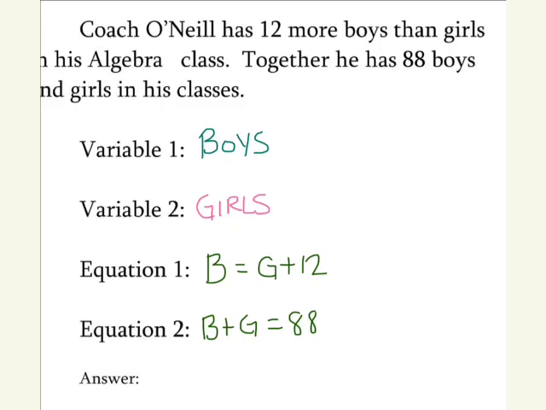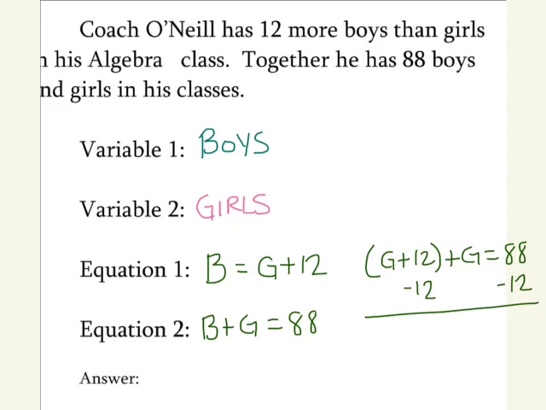Okay, once again, we're going to use substitution. And we get, instead of B, we're going to put G plus 12. That's plus G equals 88. So we're solving for the girls here. Subtract the 12. And that equals 76, so 2G equals 76.